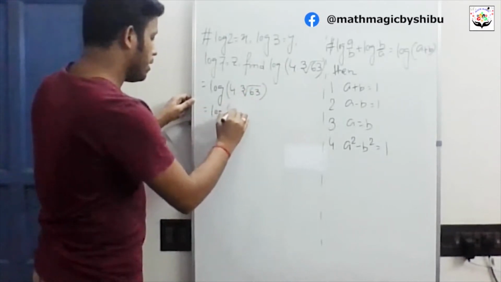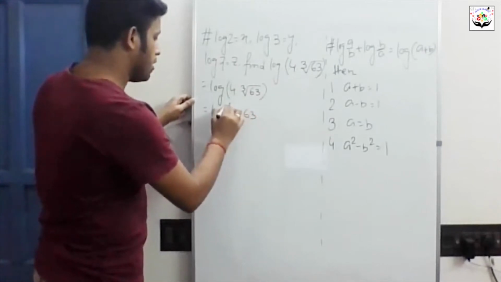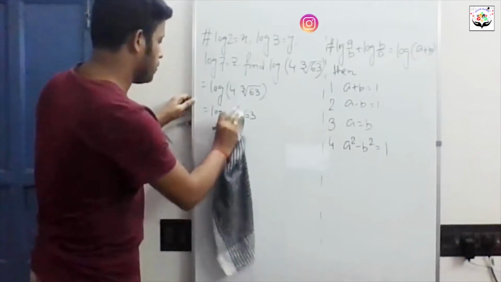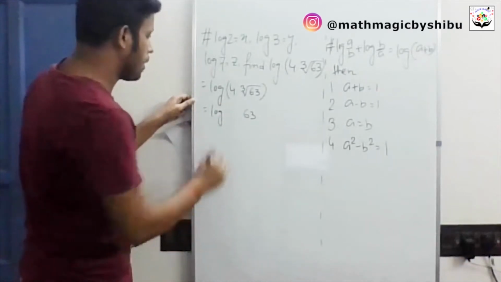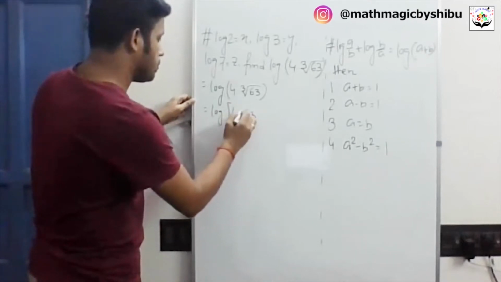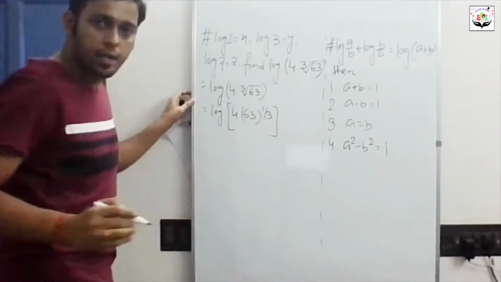This can be represented as 63 to the power one third. Let me make it a third bracket. So I can write it.